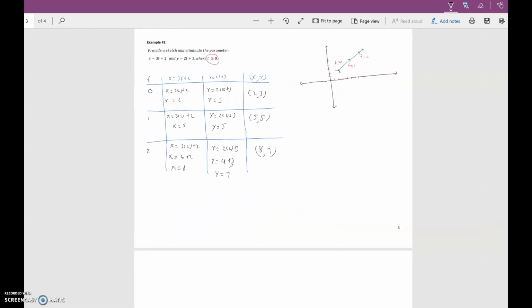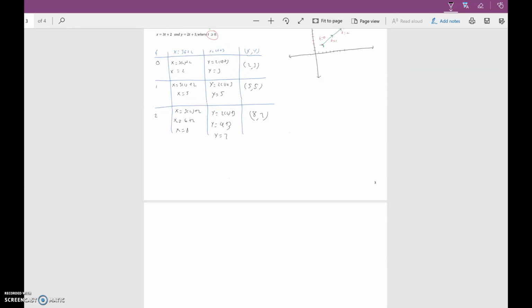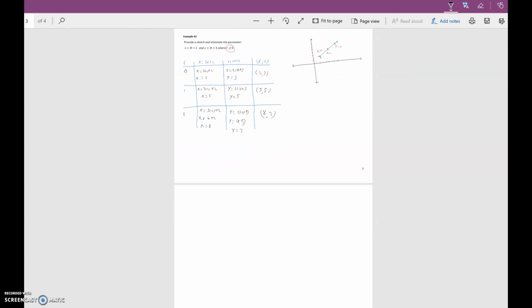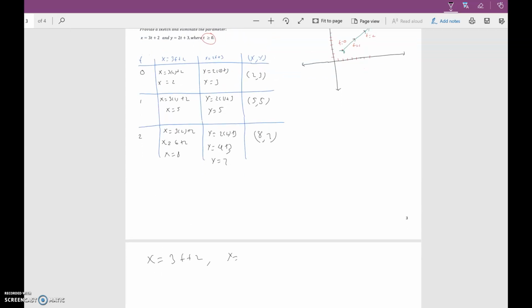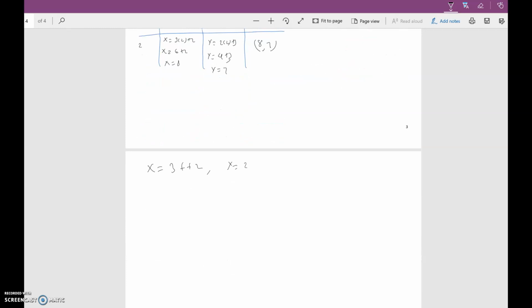The second portion is they want us to express it as rectangular by eliminating the parameter. So let me do it on the second page. We have that x is equal to 3t plus 2, and your y value was 2t plus 3.